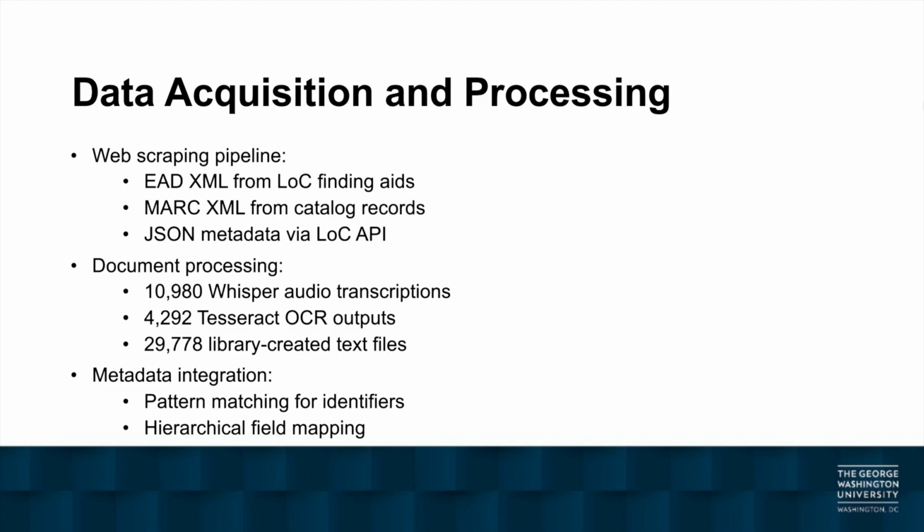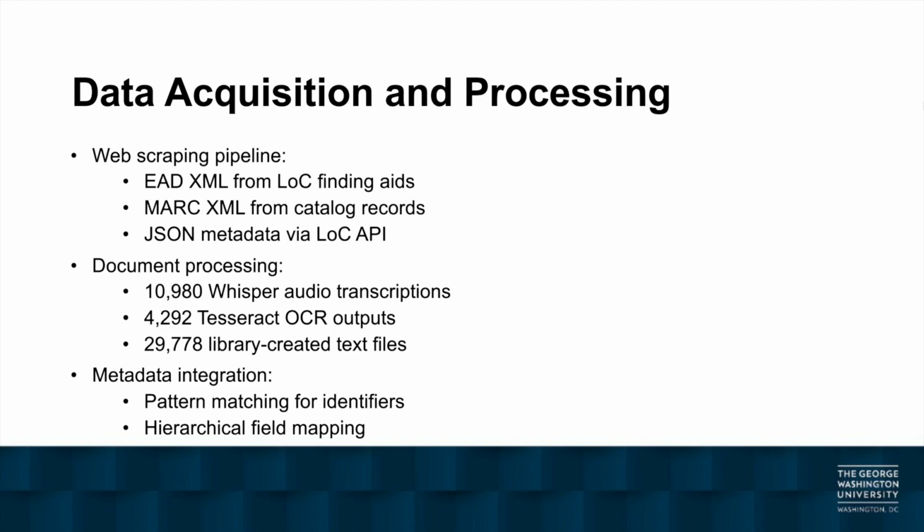In parallel, we pulled their corresponding MARC XML records, and then we used the loc.gov API to get the JSON metadata for all of our digital objects. Once we had that metadata, we focused very specifically on file locations and types. So that metadata let us structure wget requests to download the actual content files.